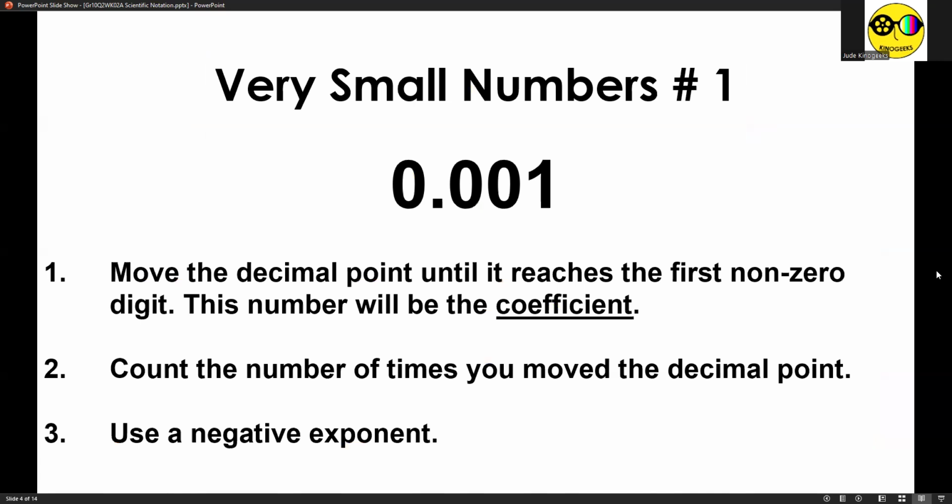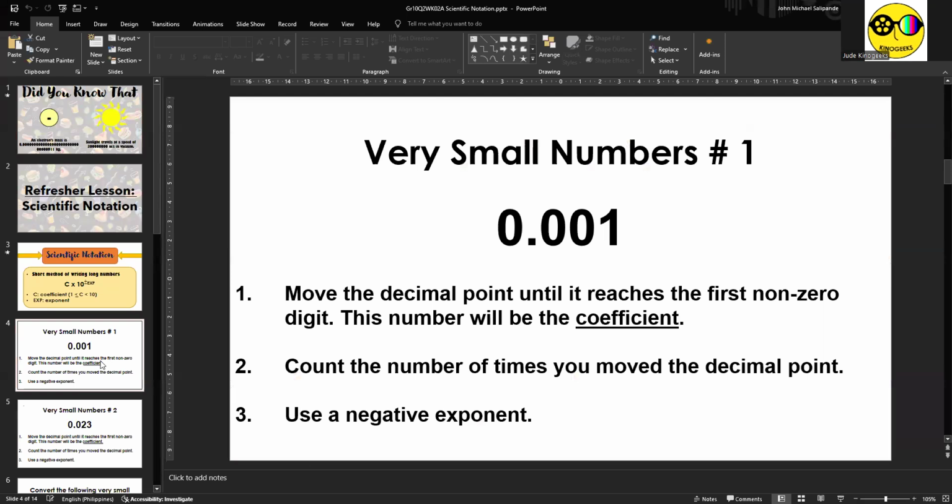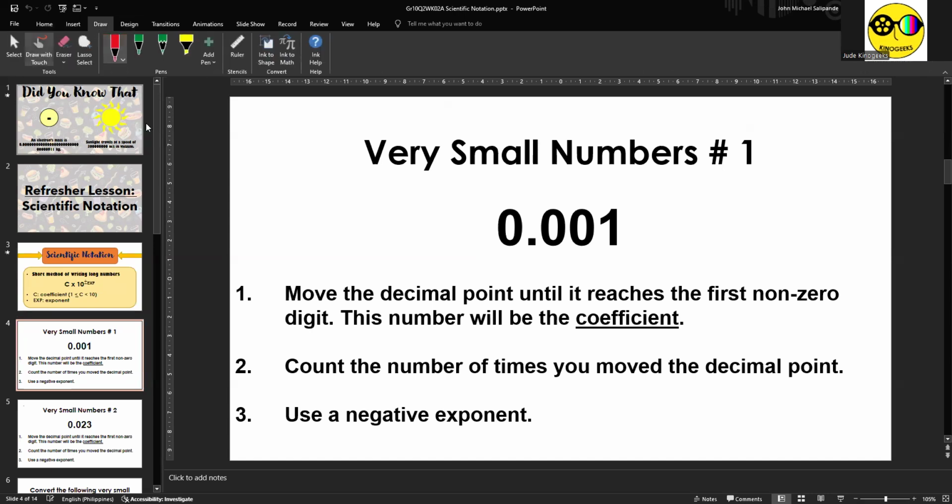Okay? I'd like to start with very small numbers. Our first example is 0.001. The first rule is we have to move the decimal point until it reaches the first non-zero digit. This number will be the coefficient.